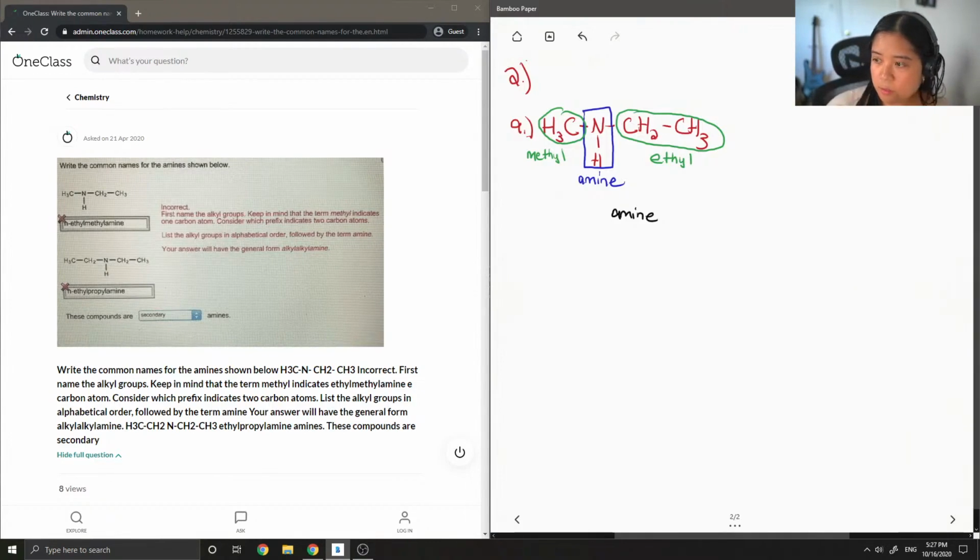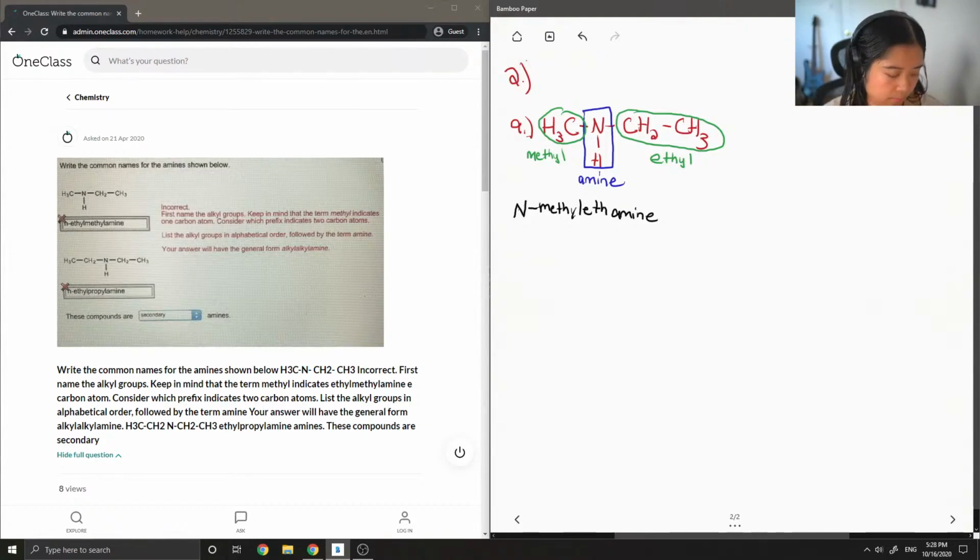Okay, so there are two ways of writing down the names for these amines. So I'm going to write down the first, where you write down N as kind of like the prefix. That just means that there's an amine group involved. And then next, it's going to be methyl ethanamine.